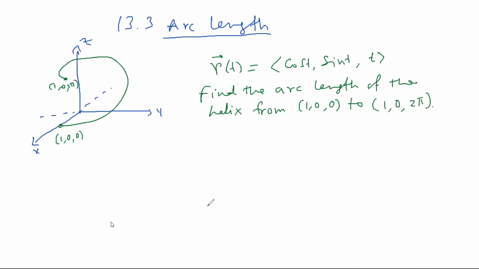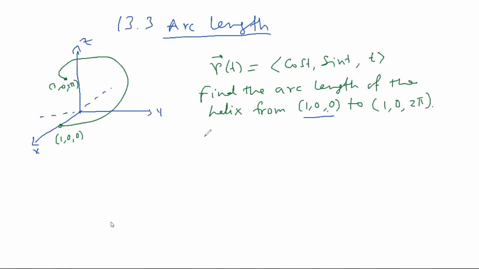Is the problem clear? How do you find the arc length if the equation is given? So first of all, you need to know at what value of t you get this point. You get this point when t is 0, right?